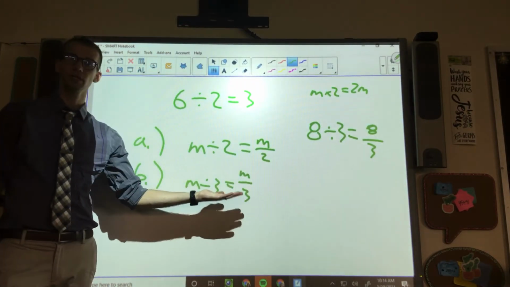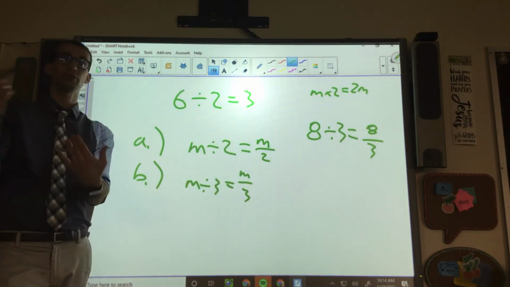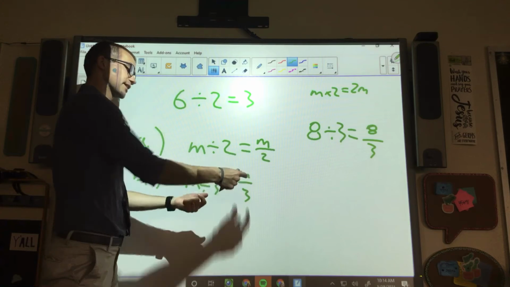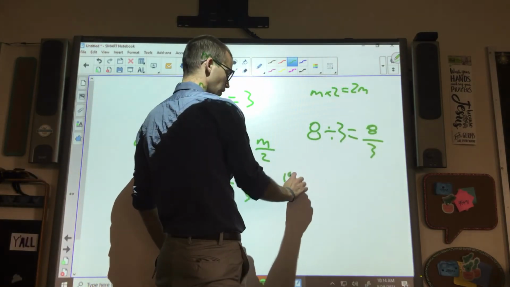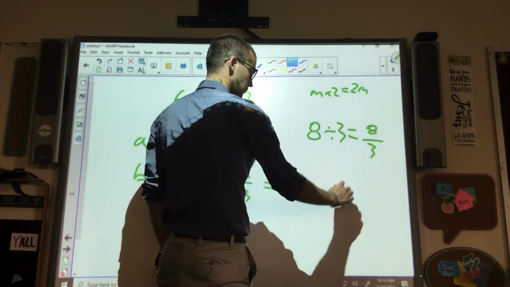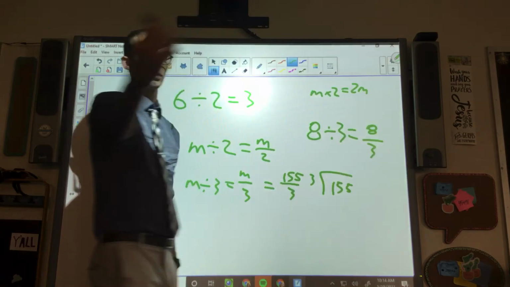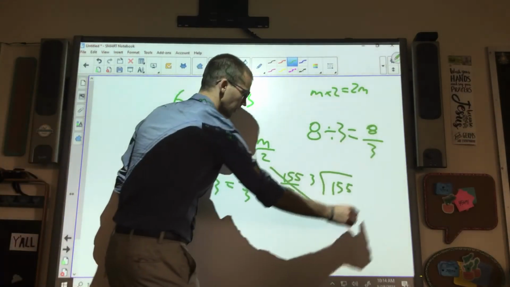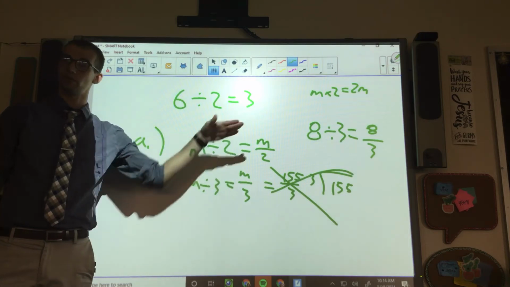You're going to do the same thing here, but since you don't know what M is, you just put M over 3, and later on, if they tell you what it is, then you can stick that into it. So if they tell you M is 155, then you would do 155 divided by 3, do the long division, get your answer. But you're not told any of that yet, so you have to leave it with what you do know, which is that M is divided by 3.